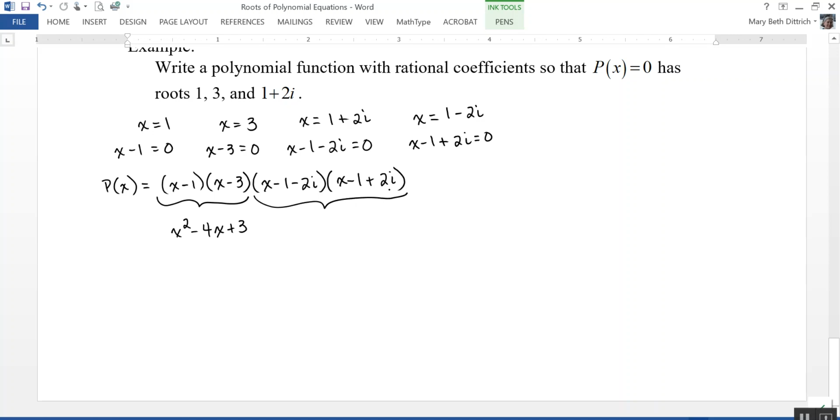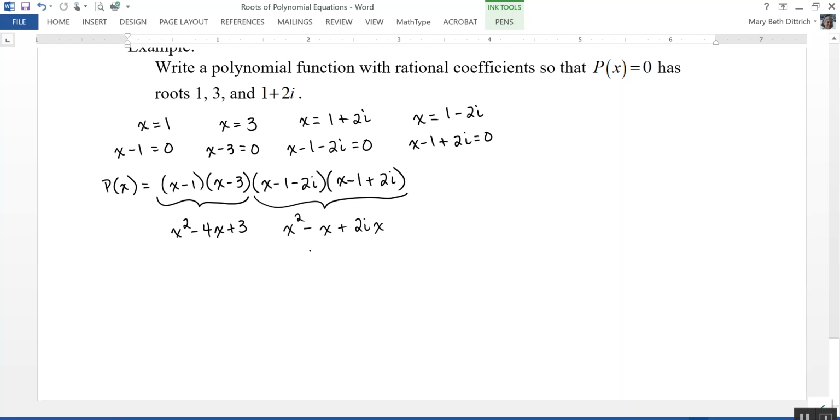If you prefer doing an area model where you would do a box, you're welcome to do that. I kind of like the distributive property. So I'm going to multiply x times each term in the second expression here. So x squared minus x plus 2ix. And then negative 1 times each of those. I'm going to try to keep them lined up to make adding a little easier.